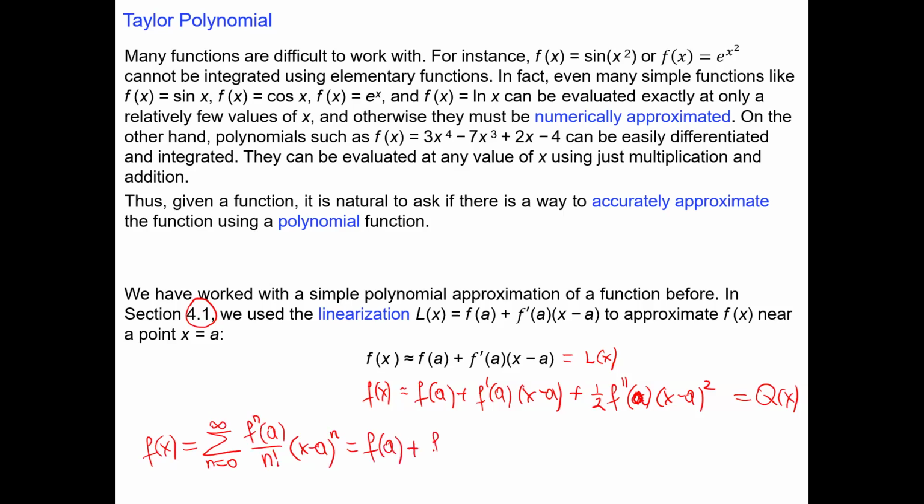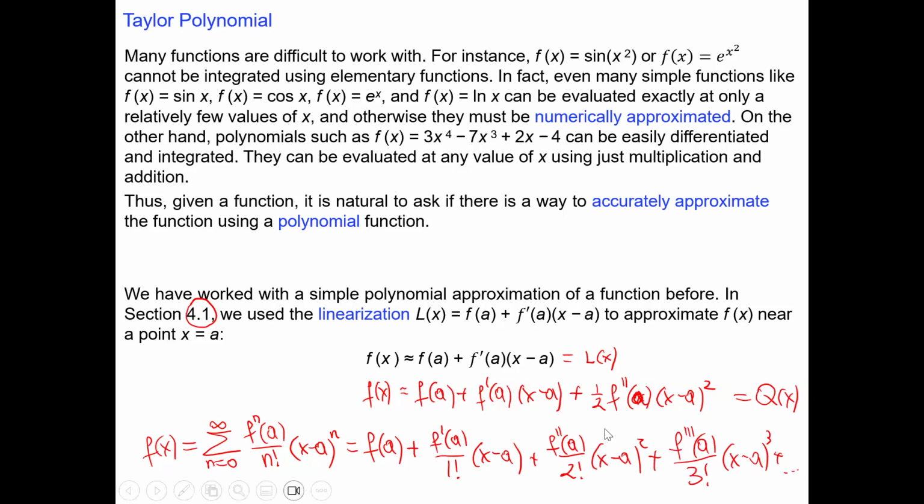If n is 1, it's the first derivative at a over 1 factorial, x minus a to the power of 1. If n is 2, it will be the second derivative at a over 2 factorial, x minus a squared, and I can list one more: third derivative at a over 3 factorial, x minus a cubed, and so on.